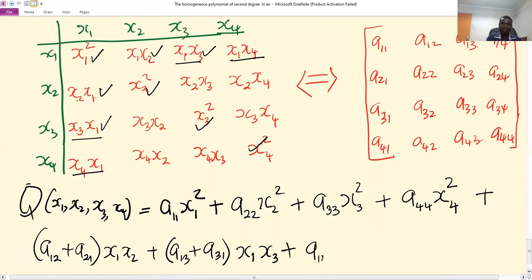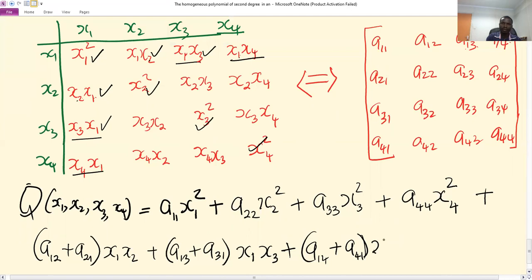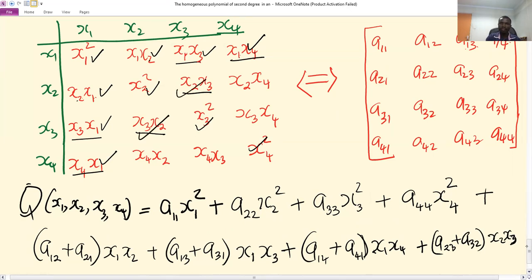So we'll have A14 plus A41 multiplied by x1 x4, so this is taken care of. Let's go to this. X2 x3 and x3 x2 will be the same. So we'll have A23 plus A32. Then you multiply by x2 x3. So this one and this one taken care of.